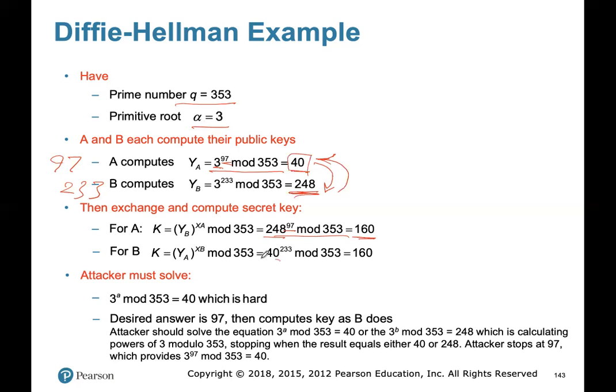So he calculates 40 to the power of his private key 233 mod 353 and gets the same number, which is 160. So this is how they share a key and agree upon a key. And hereafter, this 160 can be considered as a key that both of them have, and they can work upon it.